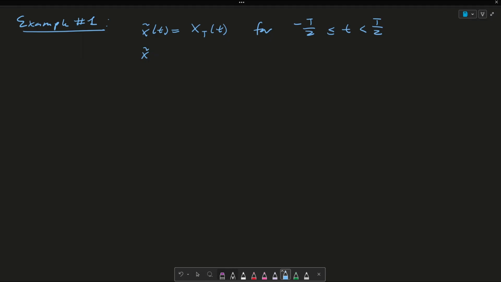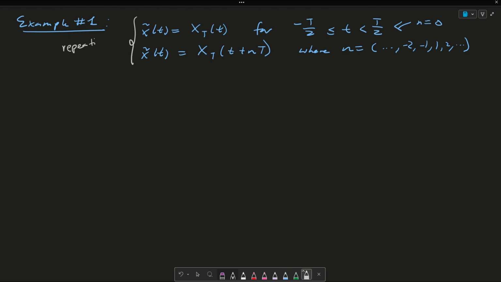And we have x tilde of t is equated to x capital T of t plus n capital T, where n is equated to ... minus 2, minus 1, 1, 2 ... where again this here is my n equals 0 condition.